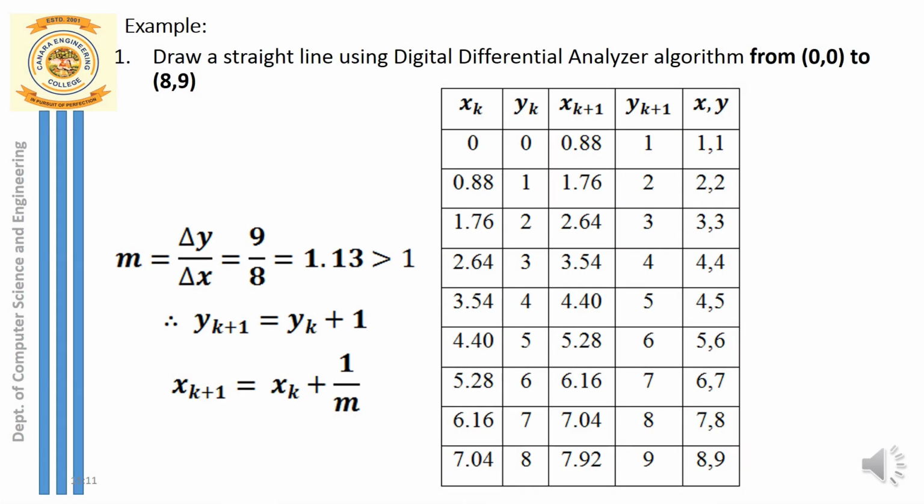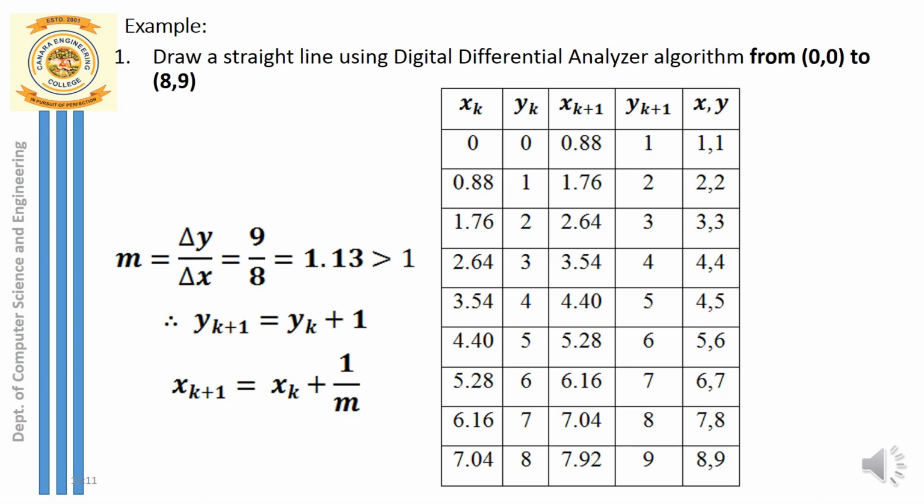Let's look at an example to understand it in a better way. Just see the first example, that is, draw a straight line using the DDA, that is Digital Differential Analyzer algorithm, from (0, 0) to (8, 9).